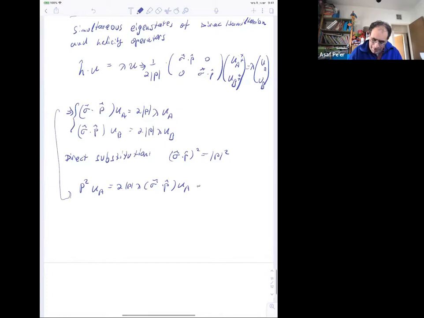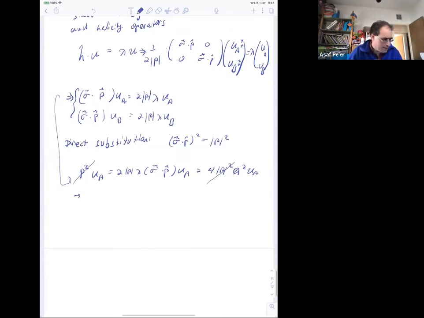This is just 4p squared lambda squared UA, which is great because I have p squared here and here, which cancels, and that automatically tells me that the eigenvalue lambda is 1/2, which is the right-handed, or lambda is -1/2, which is the left-handed.